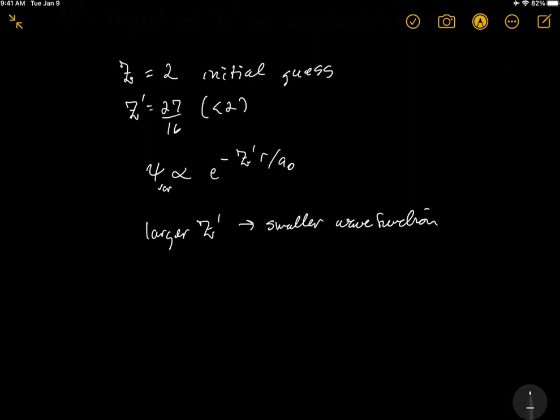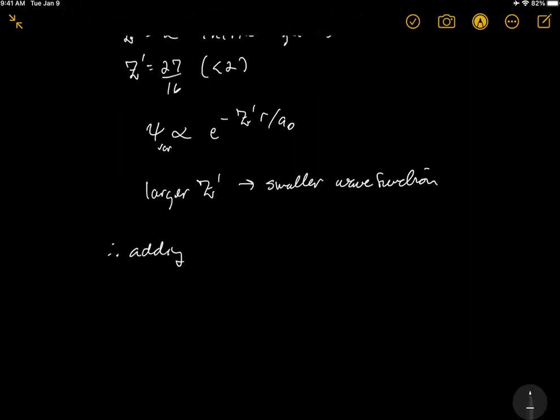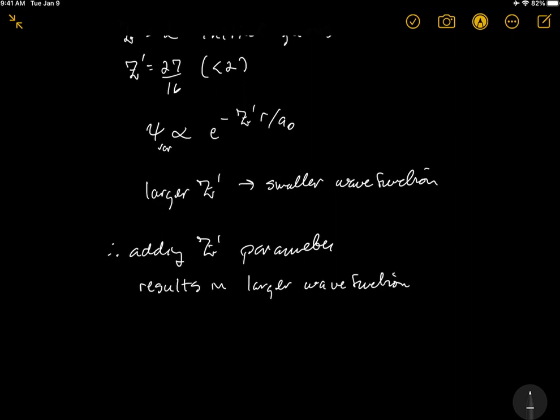When we introduced a variational parameter, let the wave function change its size, when we added the Z prime parameter and then let that get minimized, optimized to lower the total energy of the system, we get a larger wave function. Right? Smaller effective charge.